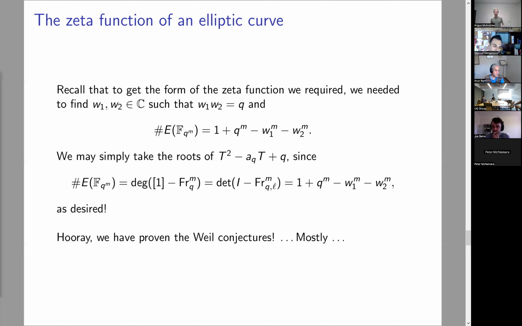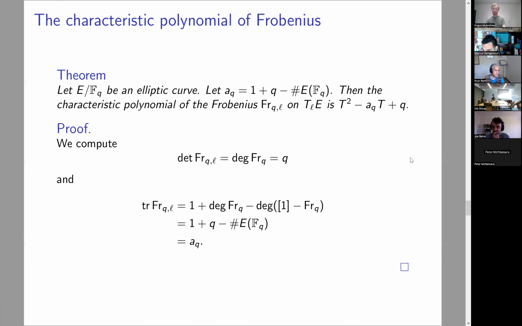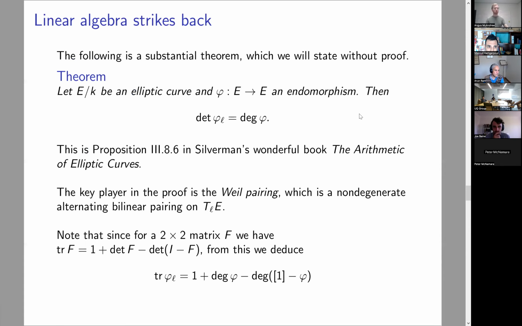I would say the main thing that we definitely needed was this theorem here, the relationship between the determinant of the induced map and the degree of the map on the elliptic curve. Once we had this, once we had some sort of linear algebra gadget, in this case the Tate module for the elliptic curve, and we had this relation, then essentially everything else was just a formality.